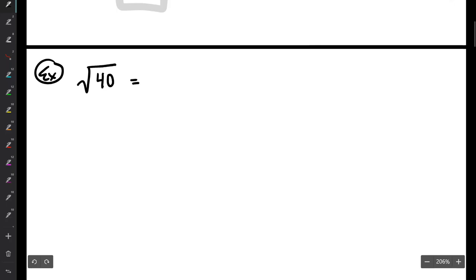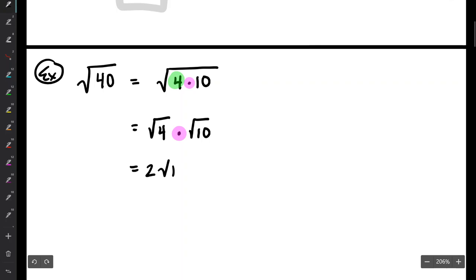So square root of 40, 4 goes in evenly to 40, and 4 is a perfect square. And I can take the square root across products, that's the square root of 4 times the square root of 10, and the square root of 4 can be simplified, it's 2, and the square root of 10 we leave alone. Why?